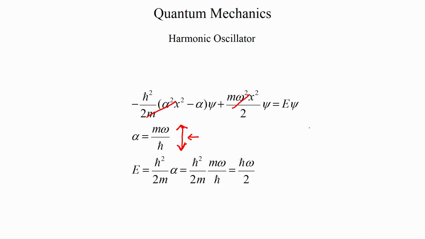So, what is left on the left hand side is minus h bar square by 2m into minus alpha psi is equal to E psi.